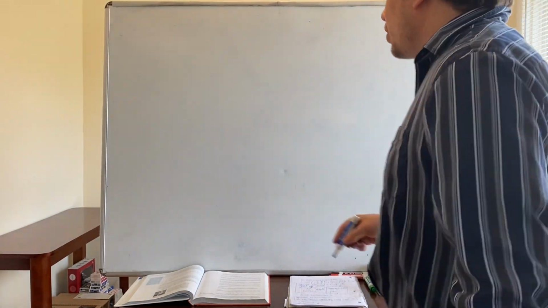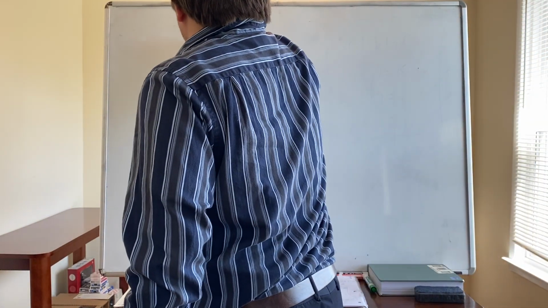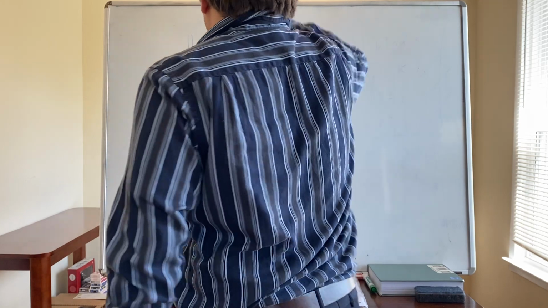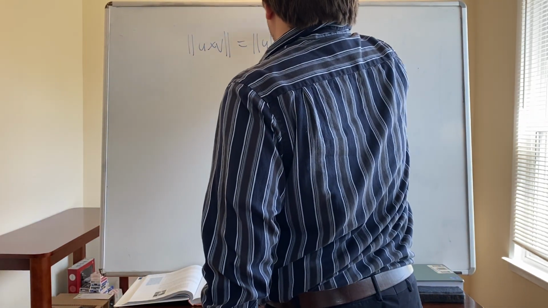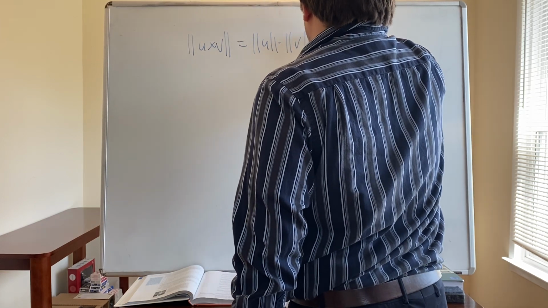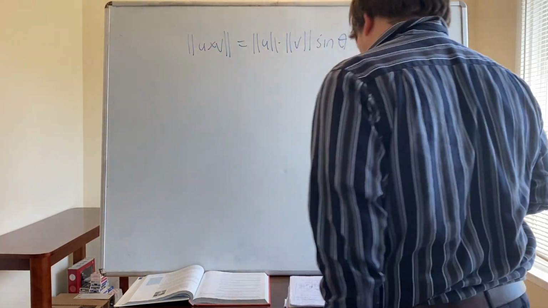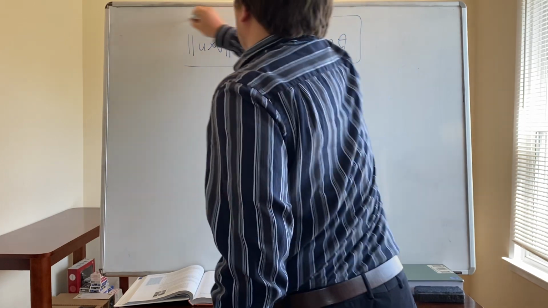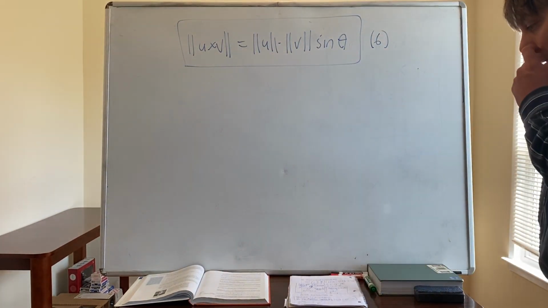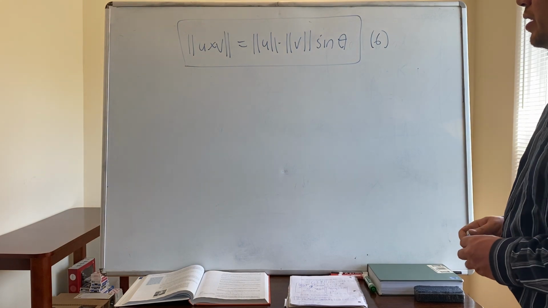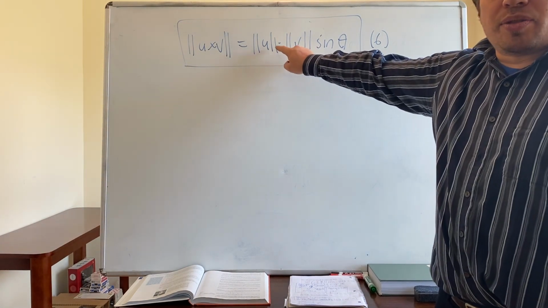Okay, so the next important fact in this section is that the norm, the magnitude of u cross v is equal to the norm of u times norm of v times sine theta. That is equation 6 in 3.5. Okay, that dot is not the dot product, it's just the product.